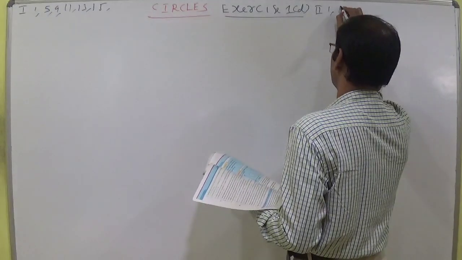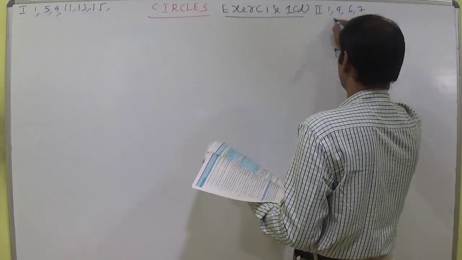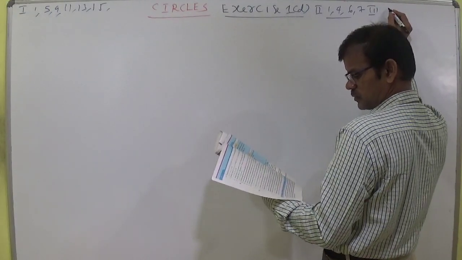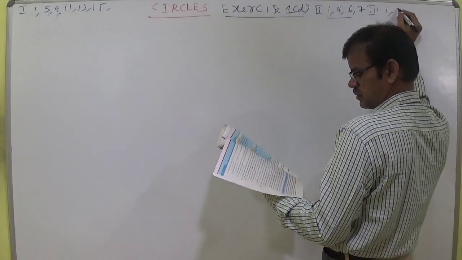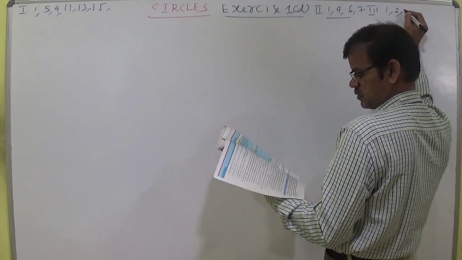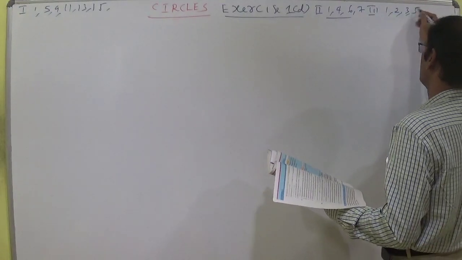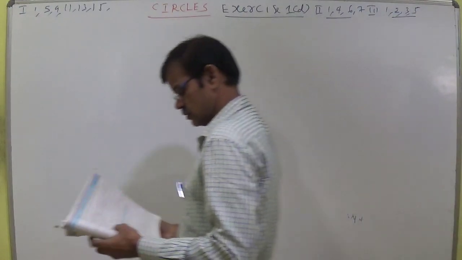Third Roman: 1, 2, 3, 5. Number 4 you do.